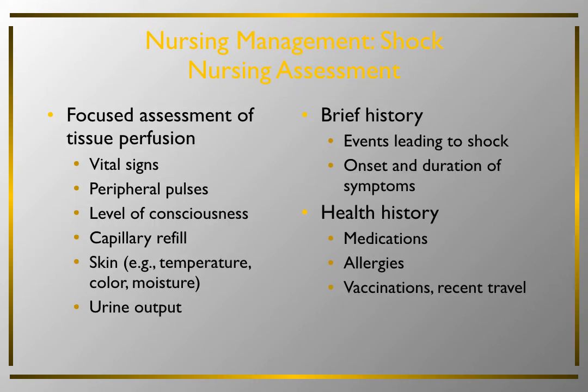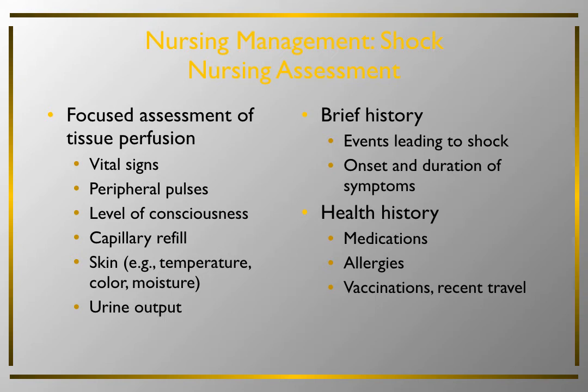So again, we would look at nursing assessments related to shock, and we would focus our assessments on things like tissue perfusion, which you could evaluate through things like vital signs, urine output, maybe the skin, capillary refill, etc. We would also look at the brief history of what's actually causing this shock. Can we get rid of the agent that's causing this to happen?